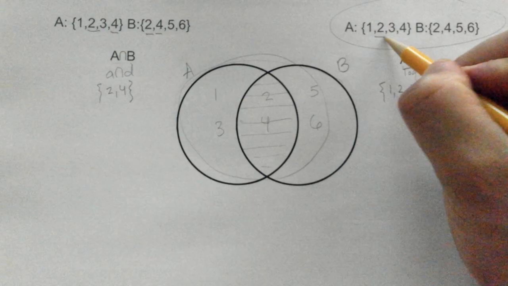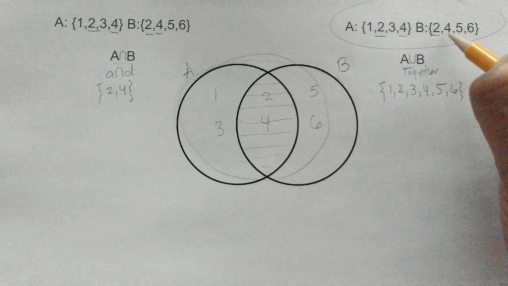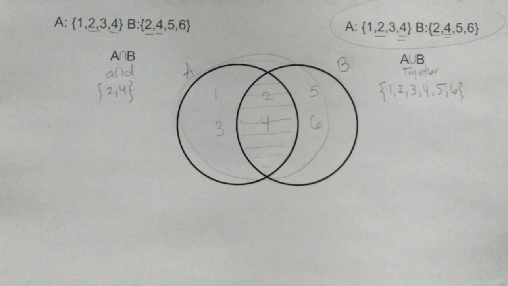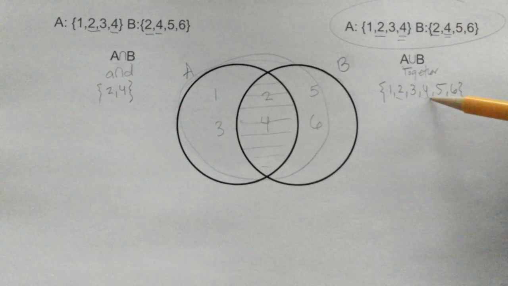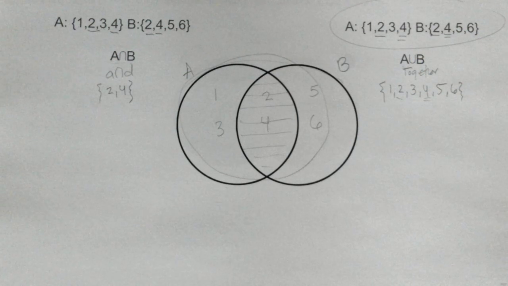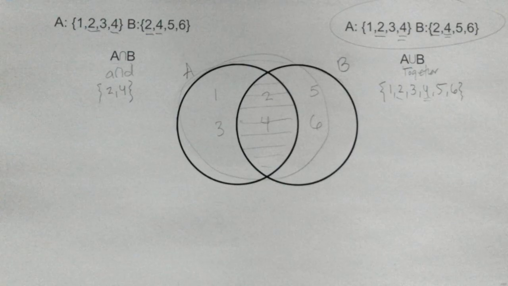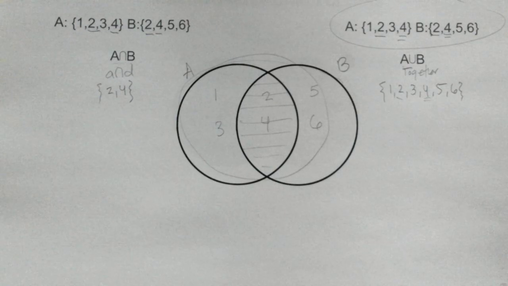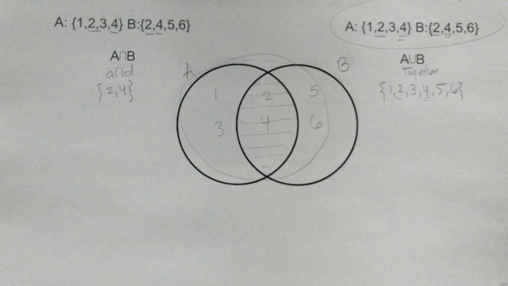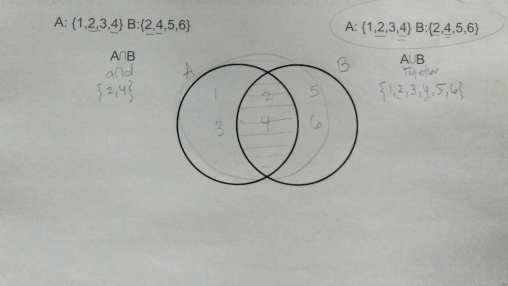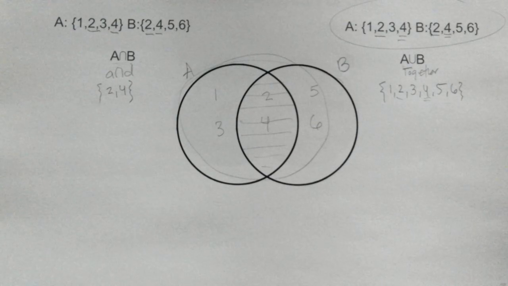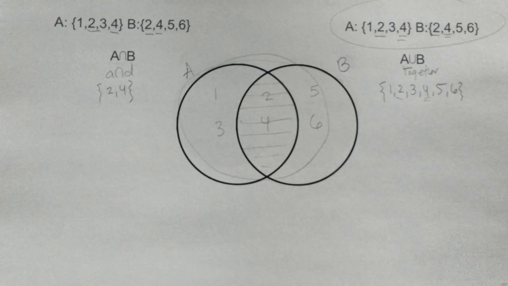Even though the 2 and the 4 repeat themselves, I only have to write the terms once, because it's the same number in both circles. It's not a different 2 or a different 4. And that's basically it. Now I can do a few more examples. If this is good enough, feel free to pause it. If not, let's do another one so you can give it a try yourself.